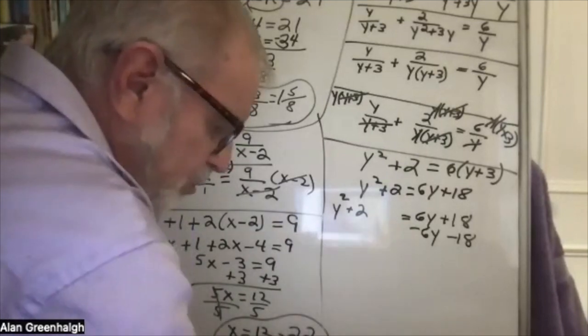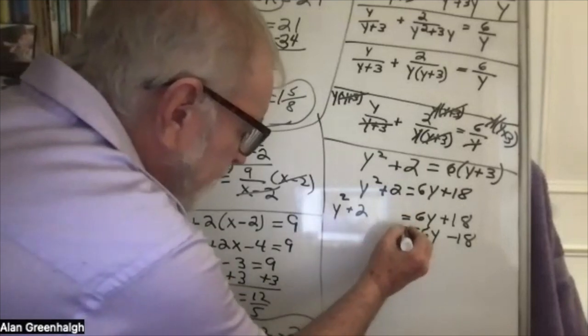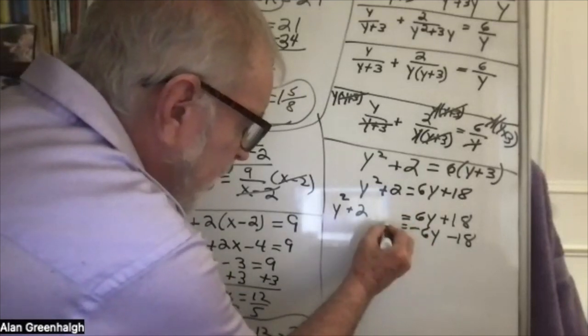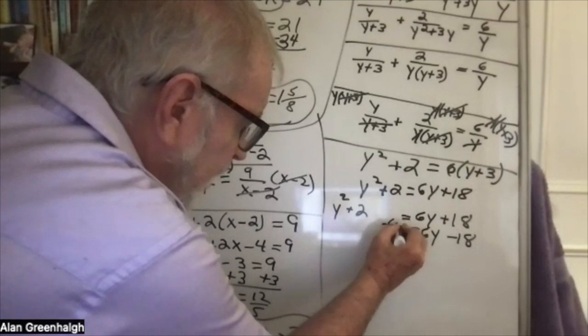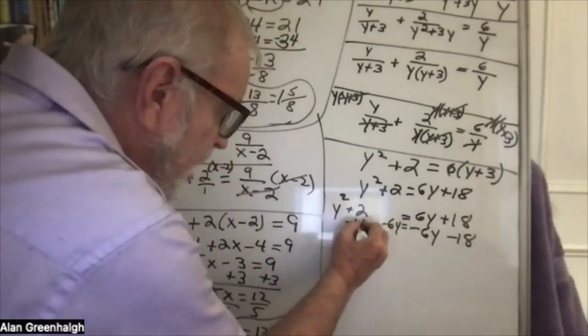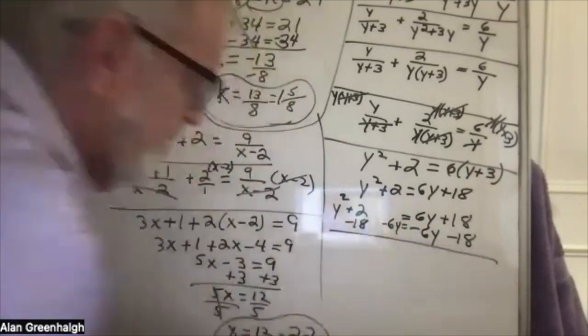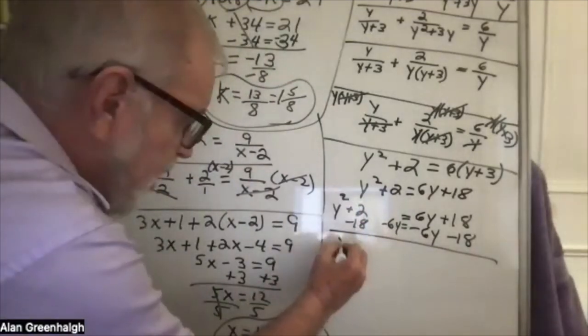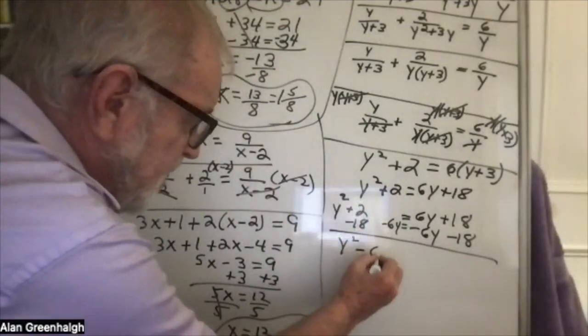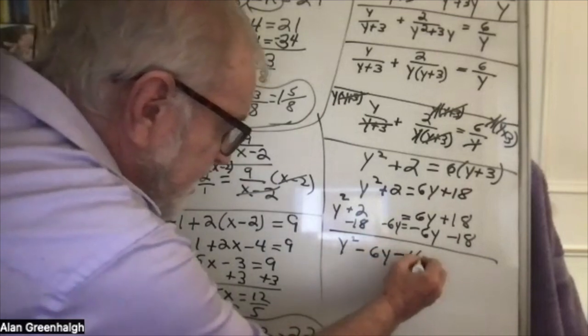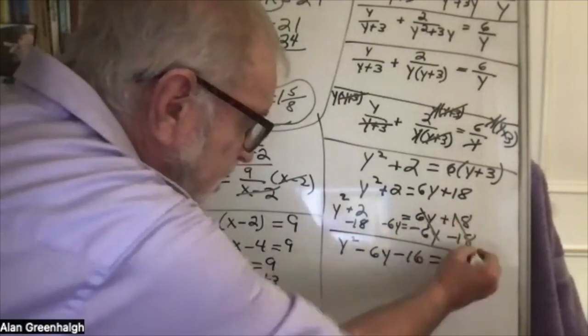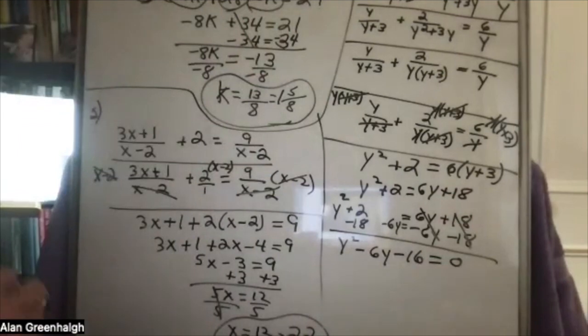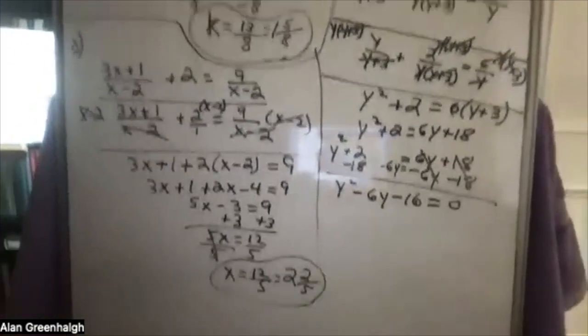Now I could sort of move this over to here. Move the 18 over to here. And this is what we get. We get y squared minus 6y minus 16 equals 0. There it is. There's your quadratic equation.